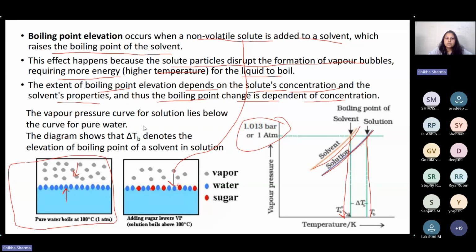So the vapor pressure curve, this is the vapor pressure curve for the solution, lies below the curve of the pure water. That means this is the temperature increase. If we see the difference, that is the elevation in the boiling point.